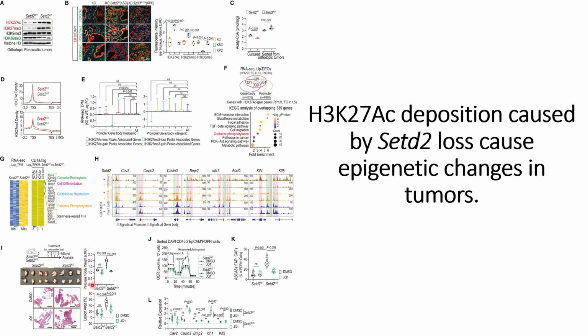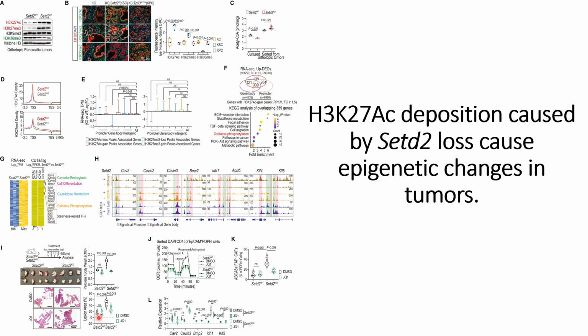That is quantified on the right hand side, where we can see that in the Setd2 knockdown, they see a decrease in the tumor pancreas body weight. And for the lesion area also, they see a decrease in the JQ1 case. JQ1 is used in the Setd2 knockdown cells, whereas no decrease occurs in the Setd2 wild type.